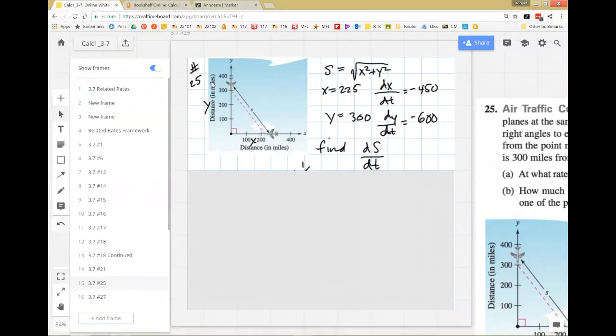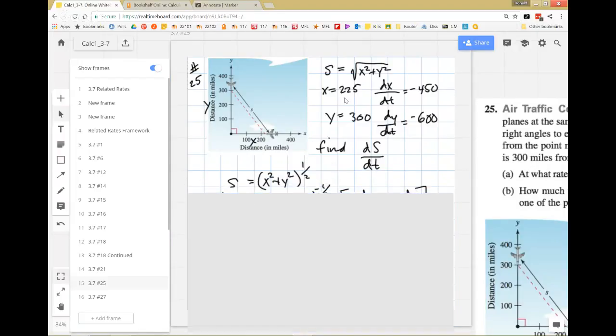Likewise, the plane that's going y is 300 miles away, and he's going 600, and he's going downward, so his is also negative. All right. We are supposed to find how fast s is decreasing. Find ds dt. All right, so we've got the problem set up.